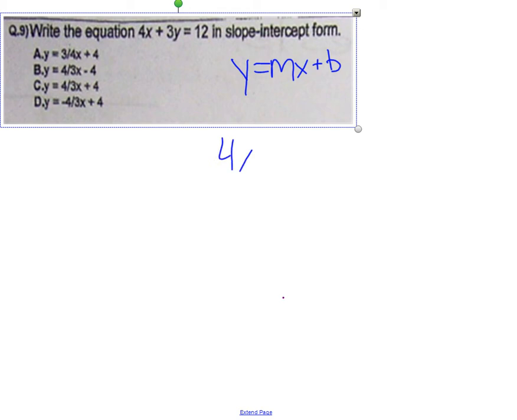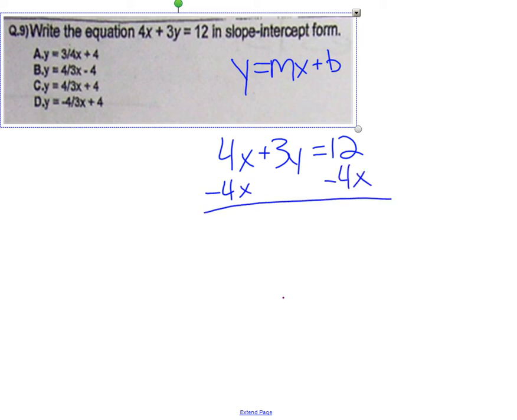So we have 4x plus 3y is 12. The first thing we need to do is move the 4x to the other side. So that's going to give us 3y on the left and negative 4x plus 12 on the right.